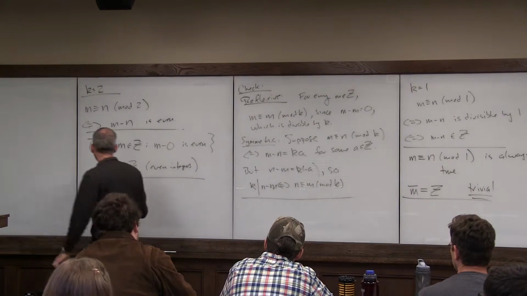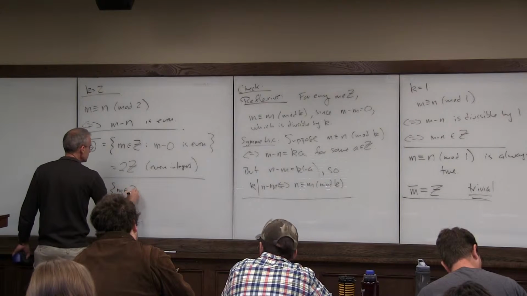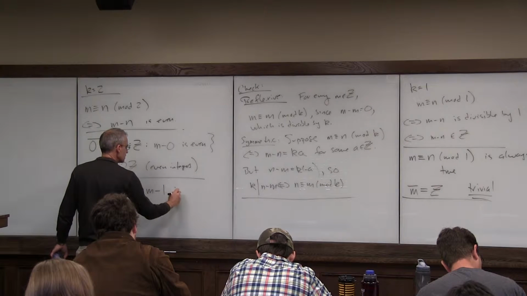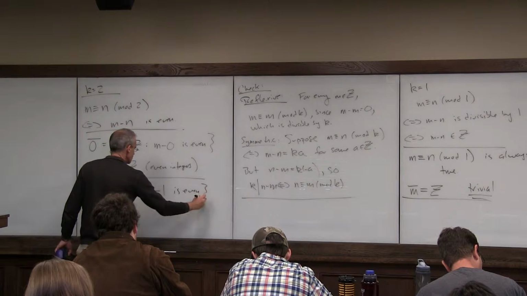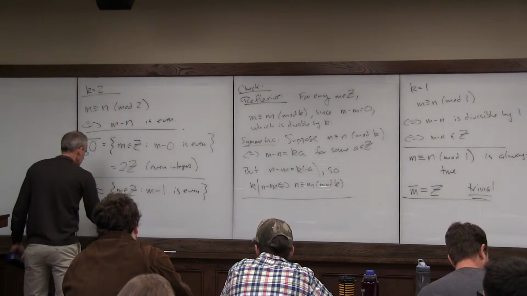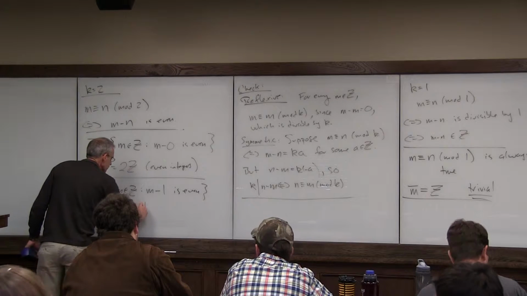So let's just check that. 1 bar equals the set of all m, an element of Z, such that m minus 1 is even. But you don't need to do a big calculation. We've already dealt with even and odd enough. That's equal to the set of all odd integers.